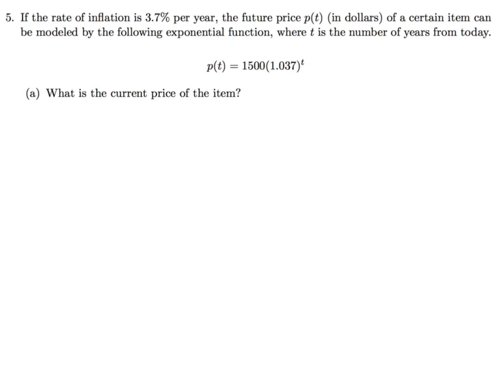So we're asked to find, in part A, the current price of the item. We have a function that'll tell us the future price, t years from today, but we want to know what is the price of the item today. Well, the future price is t years from today, but the current price means that t has to be 0. 0 years from today would be today.